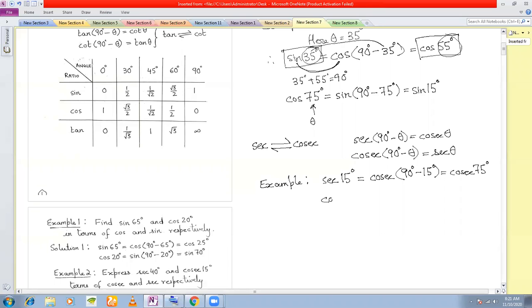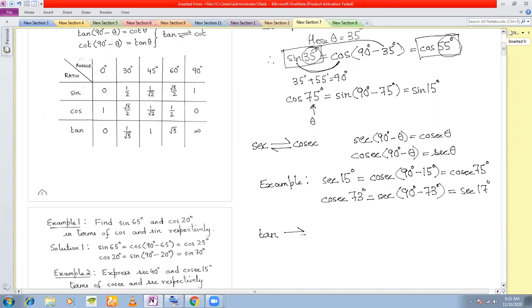Similarly, if I want to convert cosec 73 to sec, I'm first going to write sec, and then inside I'm going to subtract this 73 from 90 degree, so that we get sec 17 degree. So cosec 73 and sec 17 are the same. Similarly, the third rule is that tan can change to cot.